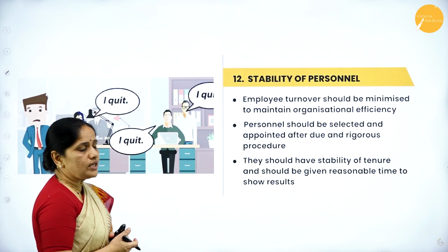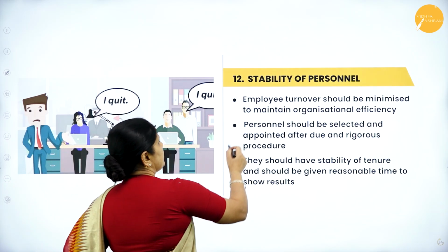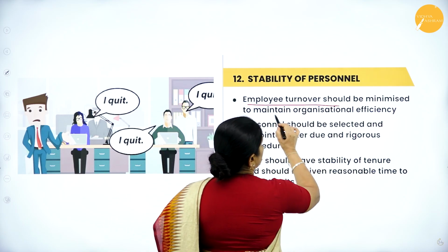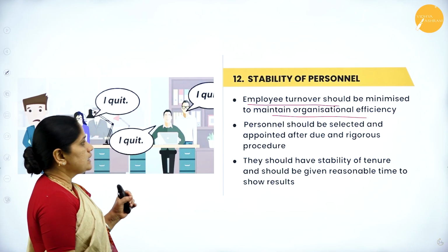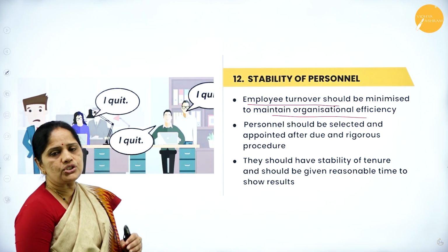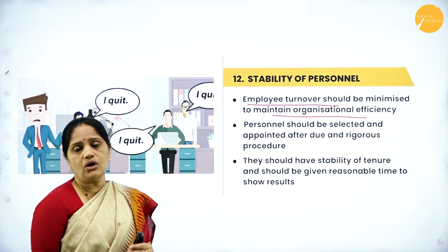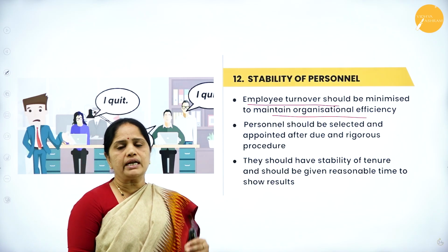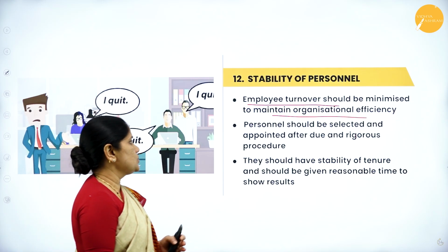The next important principle is stability of personnel. Employee turnover should be minimized to maintain organizational efficiency. Employee turnover means you try to ensure all the employees who come into the organization stay in the organization for a very long period so that there is stability of working in the organization.